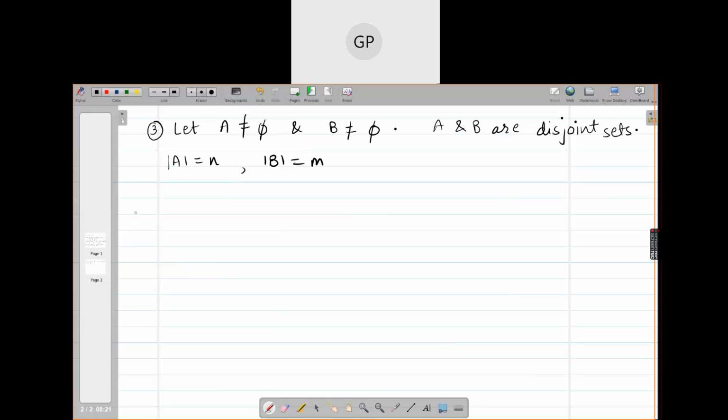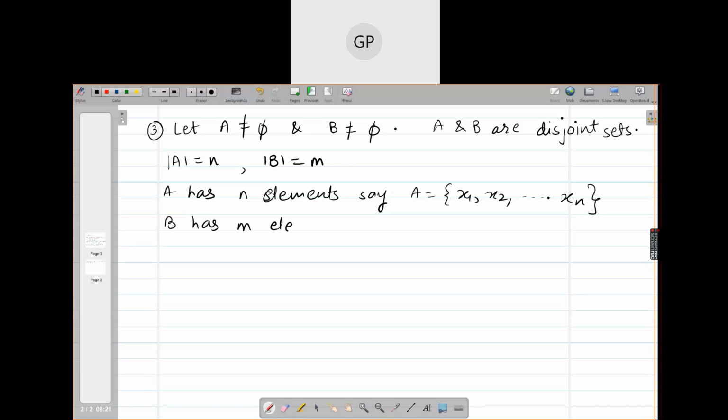So A has n elements, say A is equal to x1, x2, up to xn. And B has m elements.